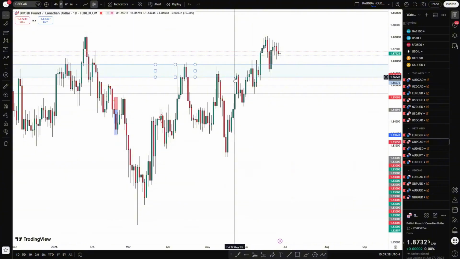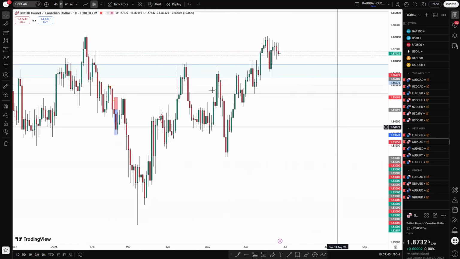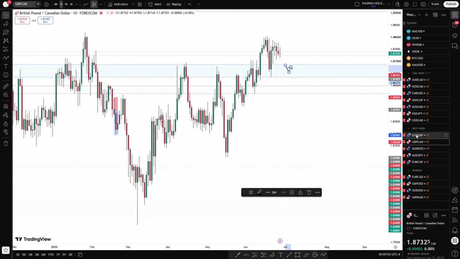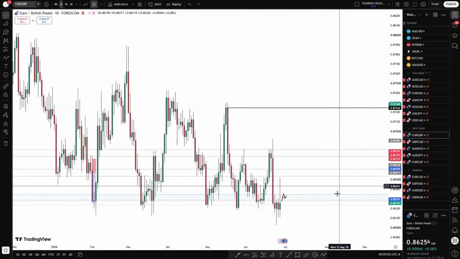This one also, we're saying you want to buy, the price comes back here. For this one also, want to see some price action.